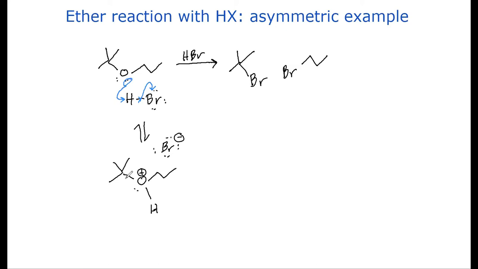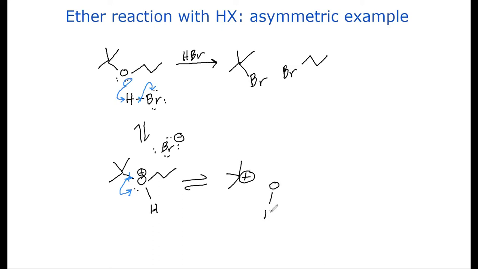The way that happens is by breaking the bond here between the tertiary carbon and the oxygen. The oxygen, of course, will keep the electrons. And that gives us a carbocation.